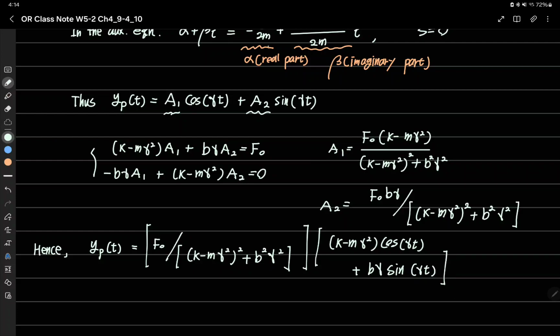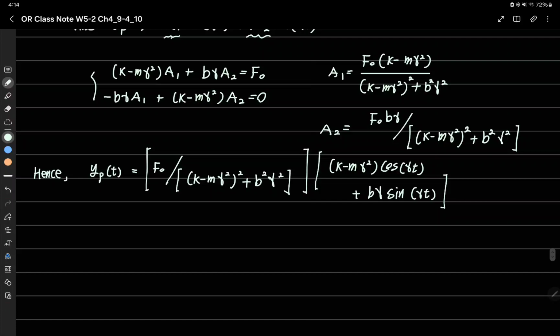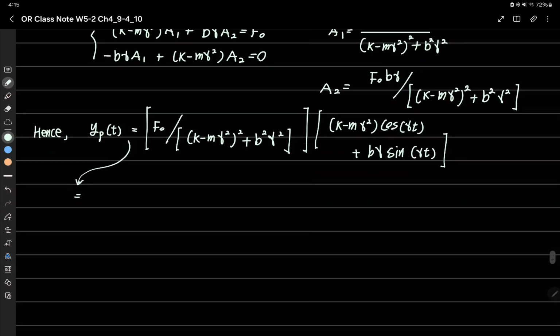Okay, here. So now cosine plus sine, we can combine them, right?